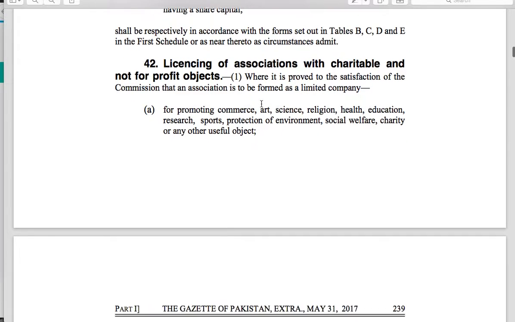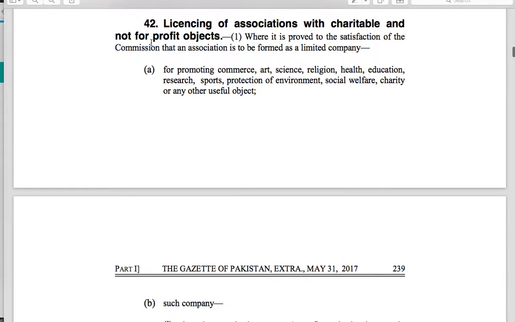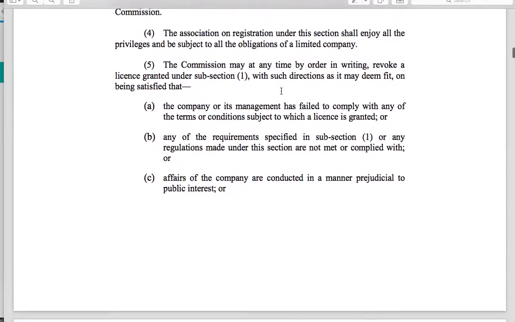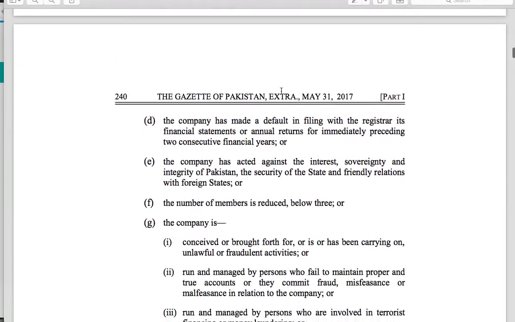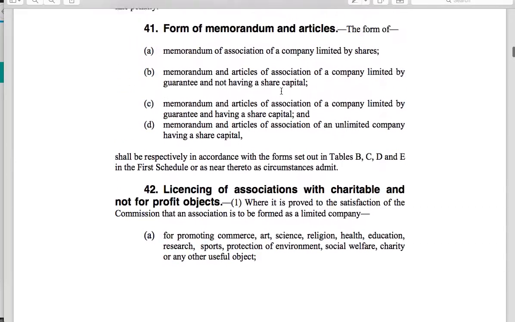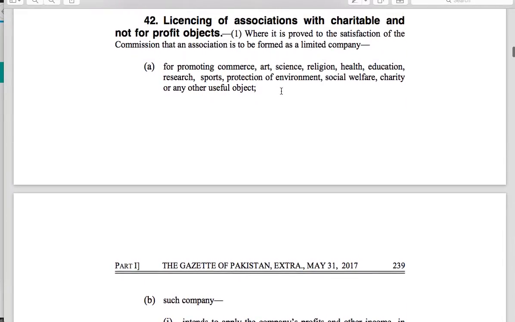And then there is a separate type of company, a charity company or a not for profit company. You have to register it under section 42, and the requirements have been growing for charity companies, because a lot of money laundering and terror financing activities have been done by illegal companies who are registered under section 42 of the Companies Act 2017, or Companies Ordinance 1984.